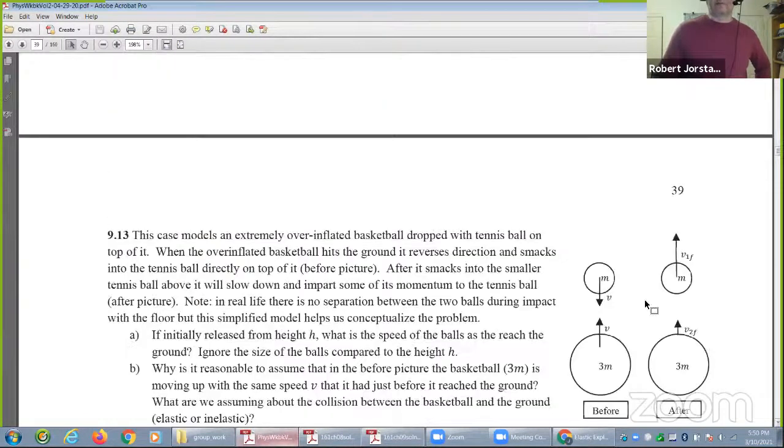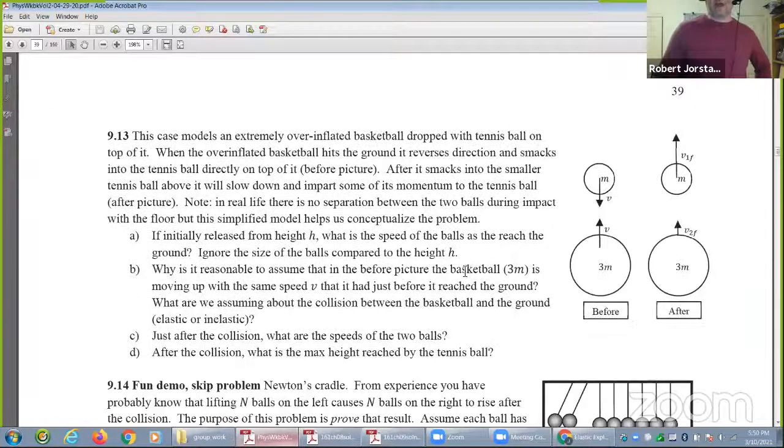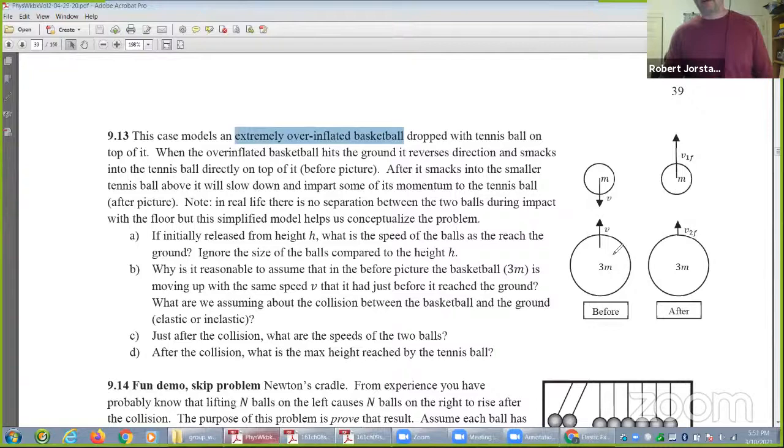This is a weird one. If you have an extremely overinflated basketball at home, pumped up so it's super bouncy, you could imagine this scenario where the basketball is moving down, hits the ground, and starts coming back up. And then you have a tennis ball, which is approximately a third of the mass of a basketball.